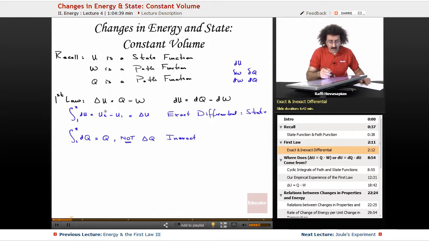They do not follow this final minus initial. They depend on the path. So you just get a quantity. That's it. Path function.